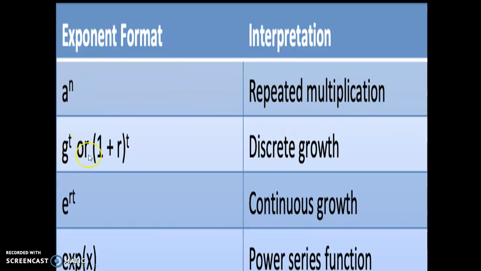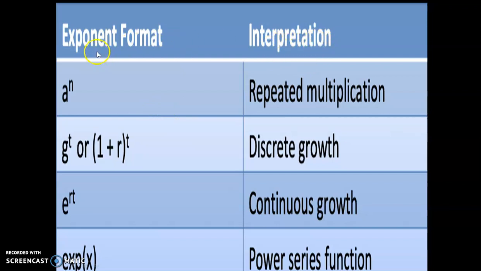If g raised to t or 1 plus r raised to t is given, then discrete growth is defined. If e raised to rt is given, that means continuous growth. If exp of x is given, then the power series is the function. These are the mathematical symbols of the power function, and that is what interpretation means.